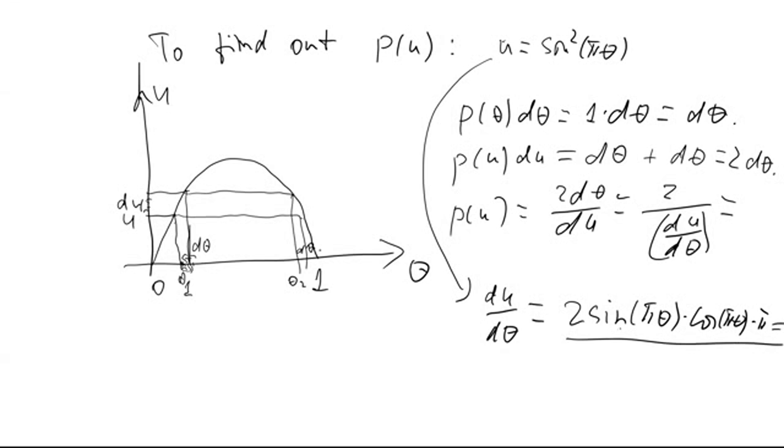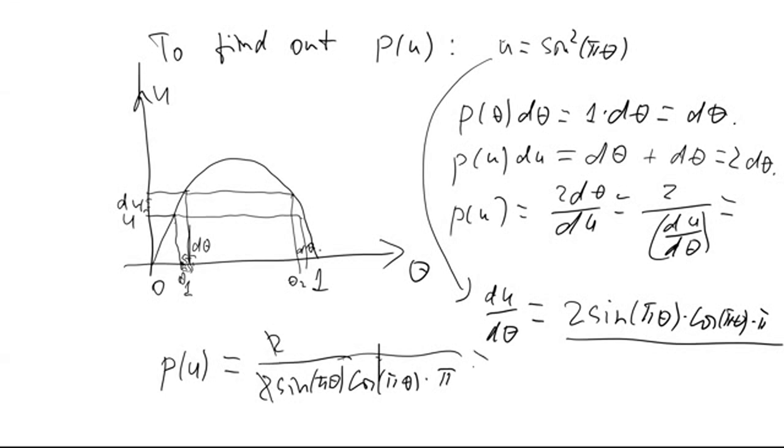Therefore, the probability density function of U is 2 over 2 times sine pi theta cosine pi theta times pi. So 2 cancels, and it will be 1 over pi. Sine pi theta is the square root of U, because U is sine squared.